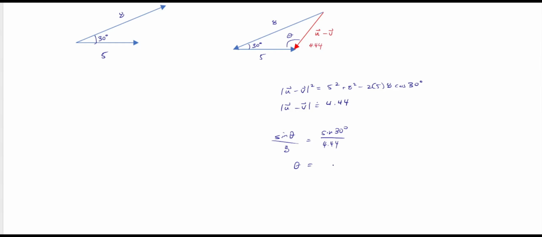So theta could be either 64.3 degrees or 115.7 degrees. While looking at my diagram, I know it's not going to be an acute angle, so I can discard the acute. So it's going to be the obtuse angle right here. So this is 115.7, which means that this angle right here is 34.3.